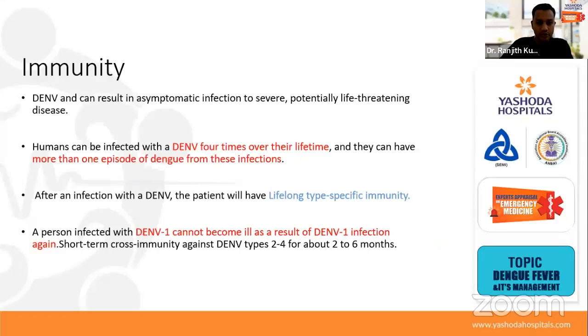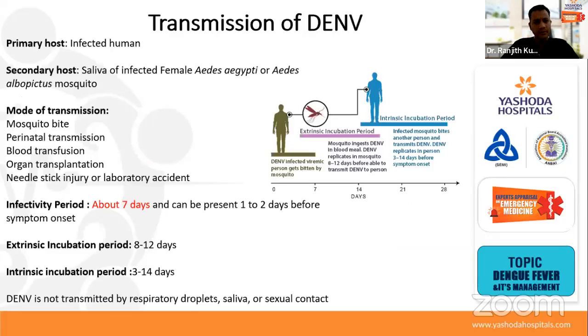So more than one episode of dengue is possible. Each strain leads to lifelong type-specific immunity, but short-term cross-immunity occurs against other serotypes for about 2 to 6 months.